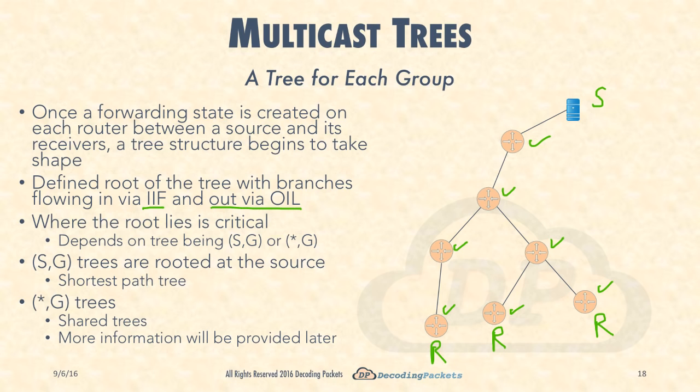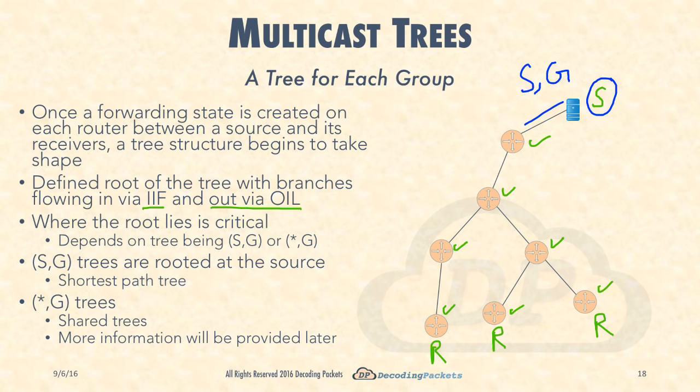But if you look at it, all of the packets on this particular tree that I have drawn here, all of those packets really originate at this source, because this is the tree for this particular S comma G. So the packets always have to originate at the source.